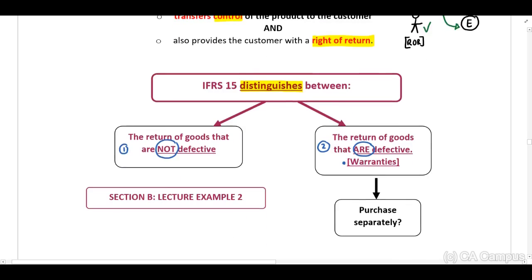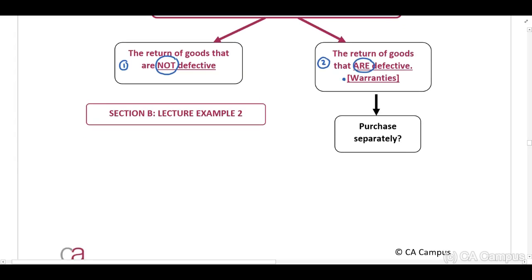Now, when we look at the returns that are not defective, the options normally will be where the entity provides the option to our customer to return the goods and receive 1, a refund, 2, they can replace the product, or 3, they can credit the customer's account.